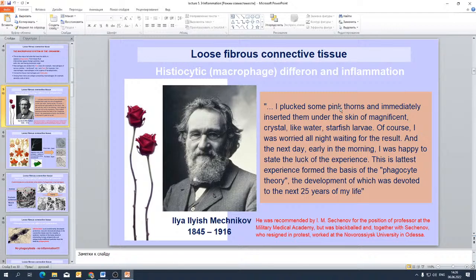This is the experience of Ilya Ilyich Mechnikov, and the basis of phagocyte theory. And if you remember, I told you about the three layers of animals.